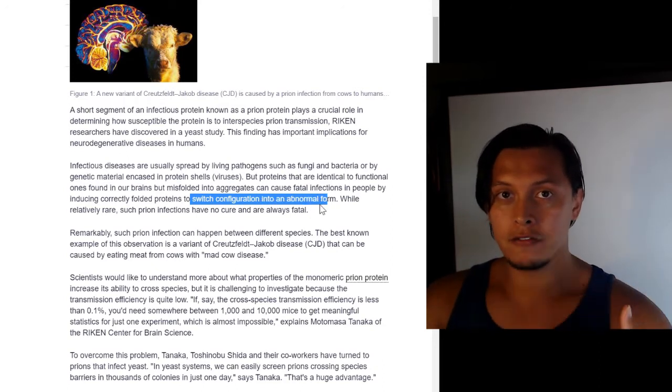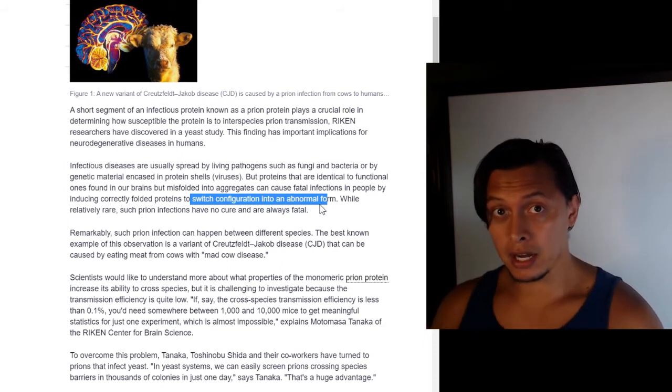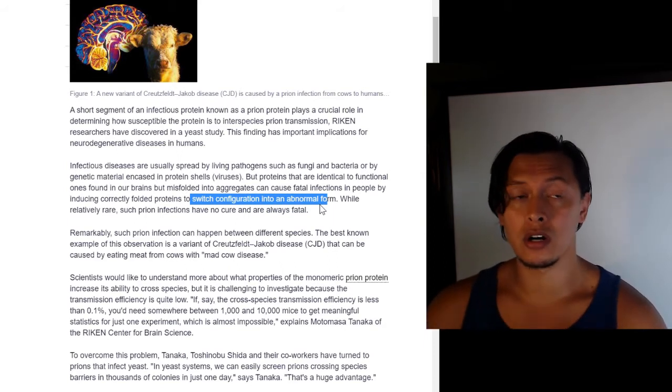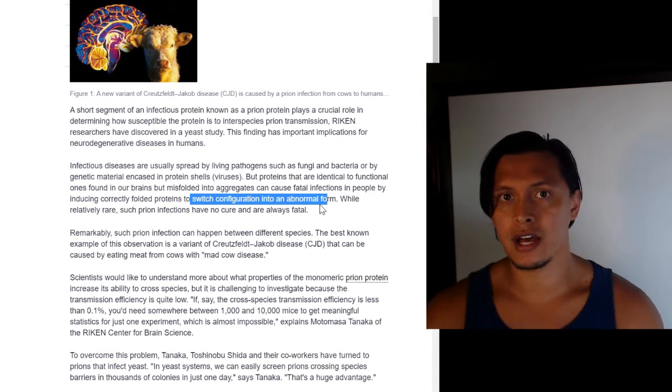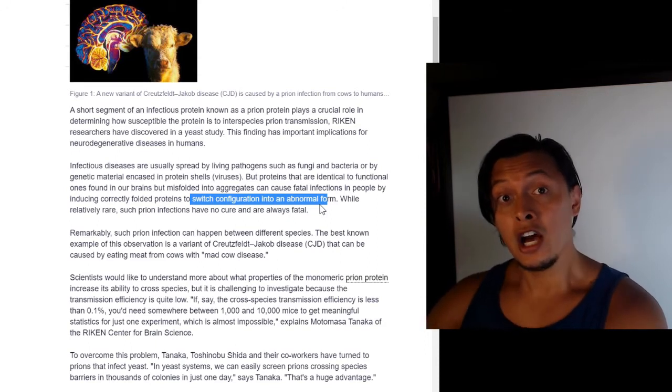So if you were to eat a cow that had mad cow disease, or I think there is a sheep version of that as well, or if you're cannibalistic, that can happen as well.